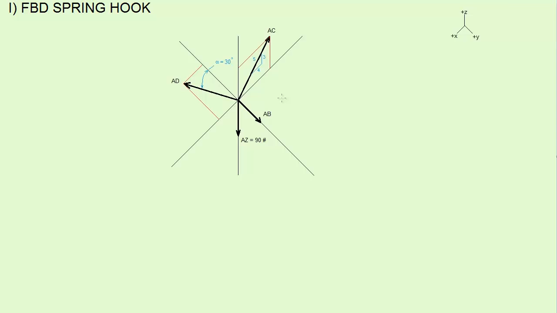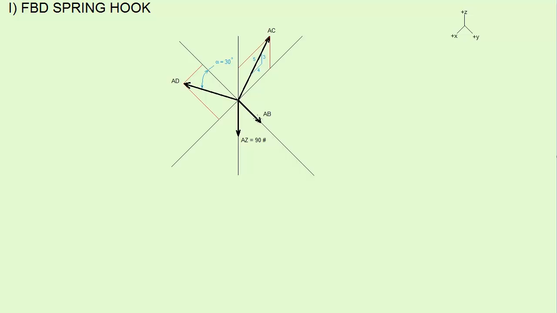So let's look at the y direction. AZ has no y component. Likewise, AC has no y component. AD's y component is right there, and AB is only a y vector, so that's its y component right there. There are 2 unknowns in the y direction, so that is ABY and ADY.